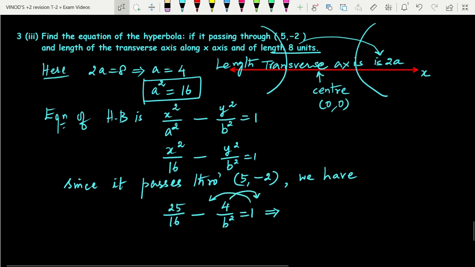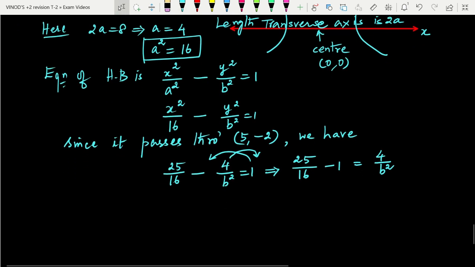Now simplify this and find out what is your b square. So bringing 1 to the left side and taking 4 by b square to the right side, we can write 25 by 16 minus 1 is equal to 4 by b square. So 25 by 16 minus 1, if you simplify, you can write it as 25 minus 16 by 16 is equal to 4 by b square.